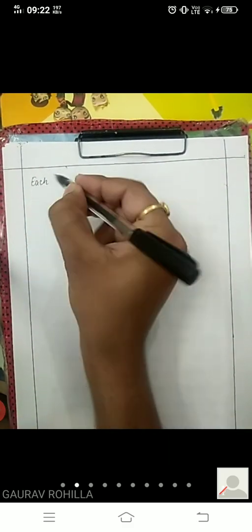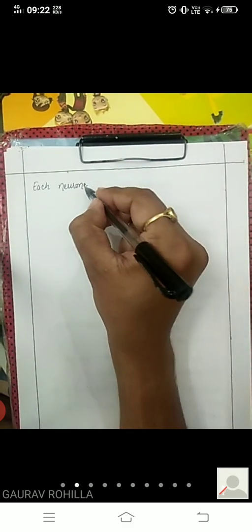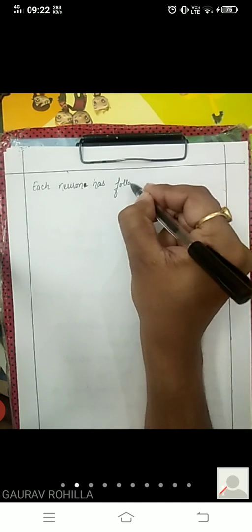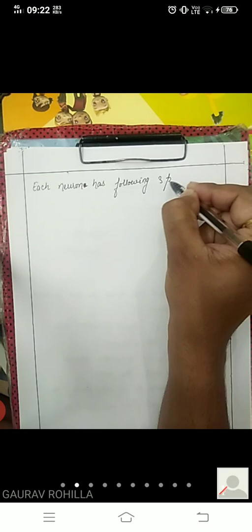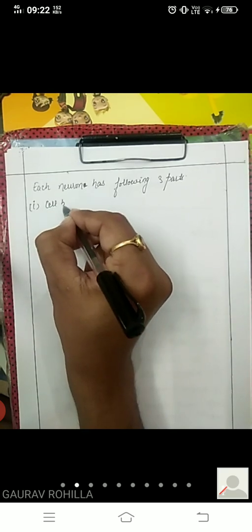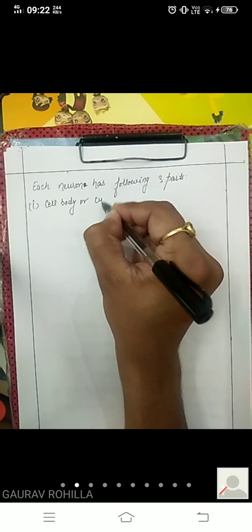Each neuron has the following three parts. First, cell body or cytone.